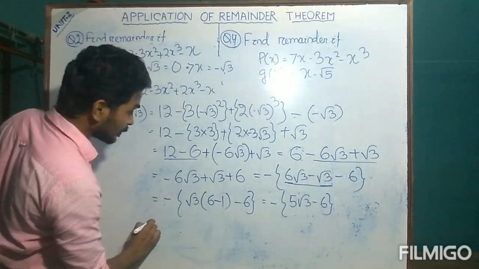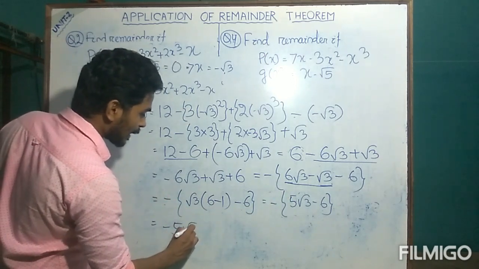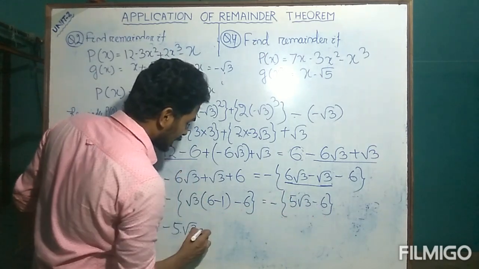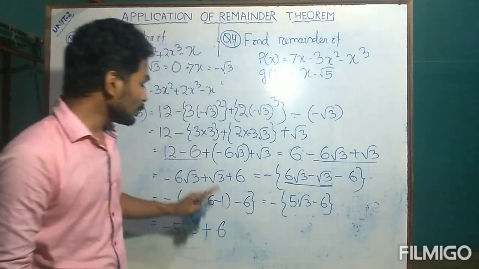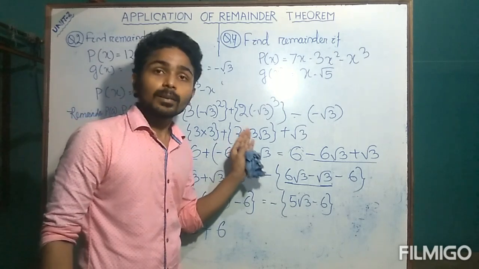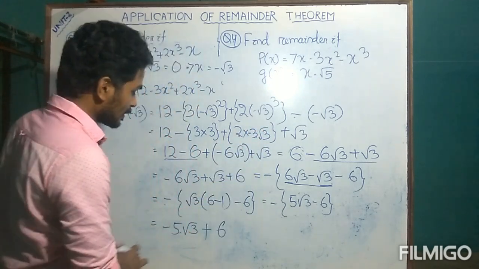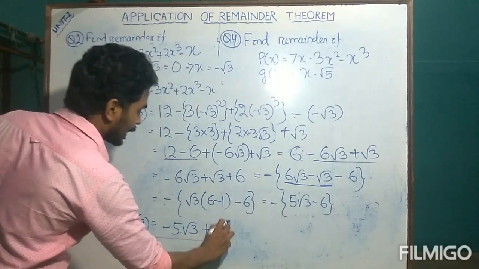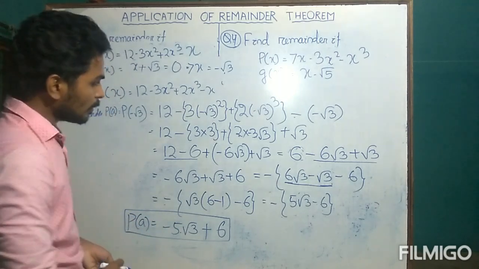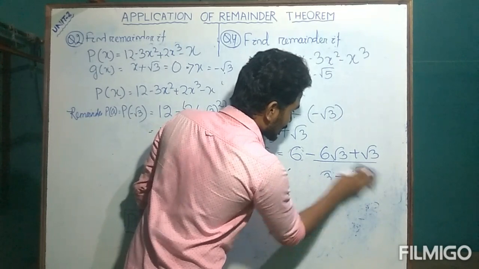After opening the bracket, all the signs will be changed. So minus 5 root 3 and it will be plus 6. You need to be careful whenever you are doing the calculation. So this is the remainder part, P of a. So we reach our destination.